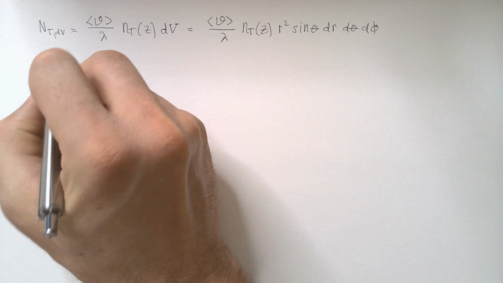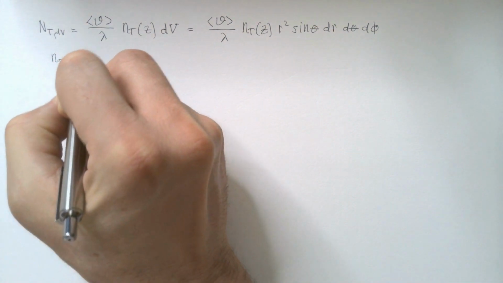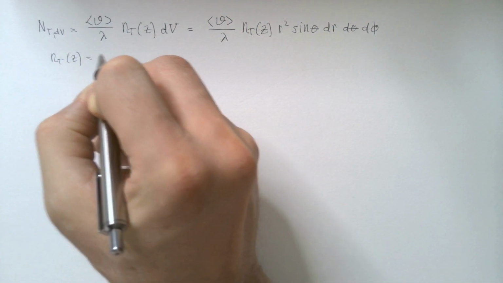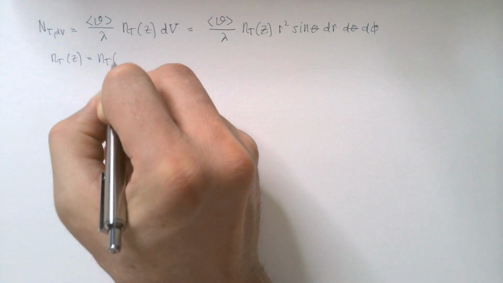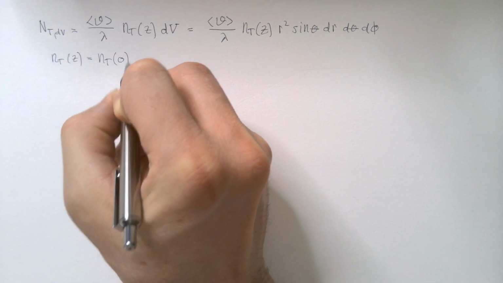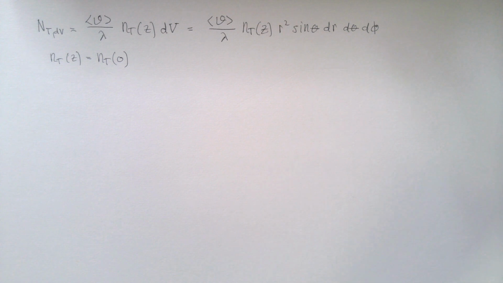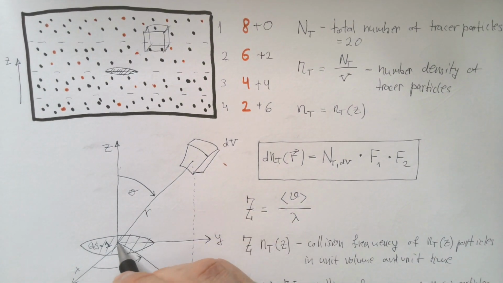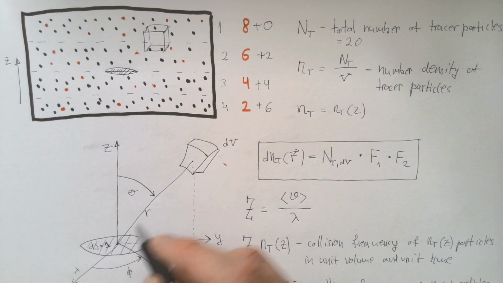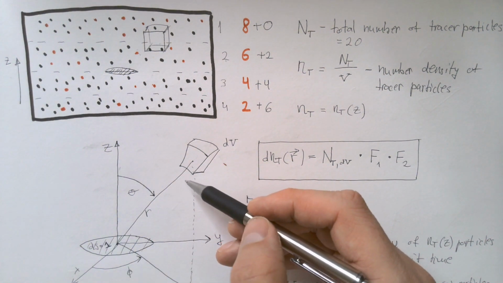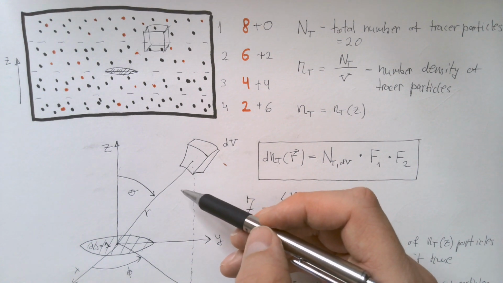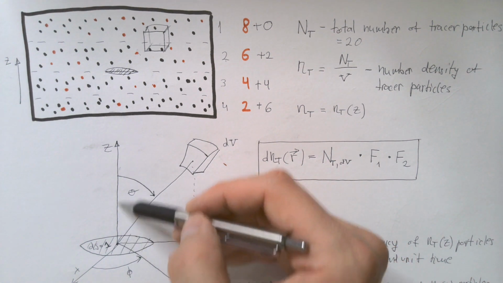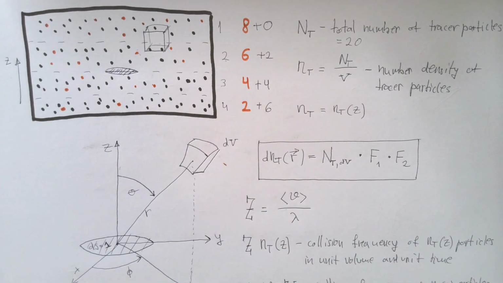I will write that nt as a function of height is equal to nt at height z equals 0. And just to go back to this graph, z equals 0 is here. Then I use a Taylor series expansion to find the change in the concentration of these tracer particles as a dependency on z.